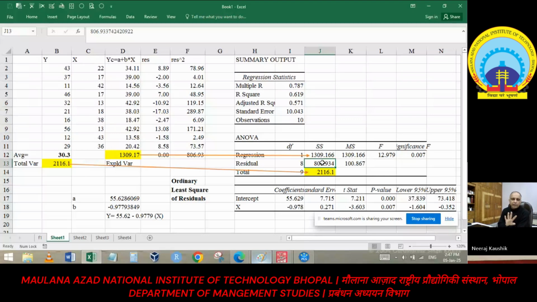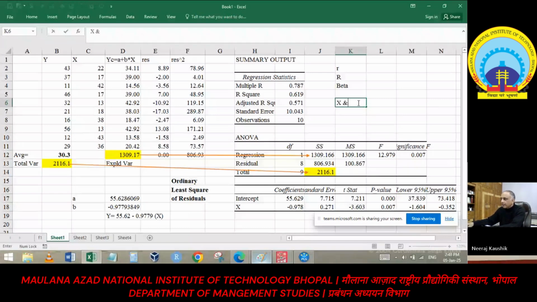Here, 2 more things I want to share, and then we can take your questions. One term is small r, one is capital R, and one is beta. These 3 terms will be fundamental in the CFA and the SEM. Small r is the relation between X and Y, and the formula for the same is CORREL.